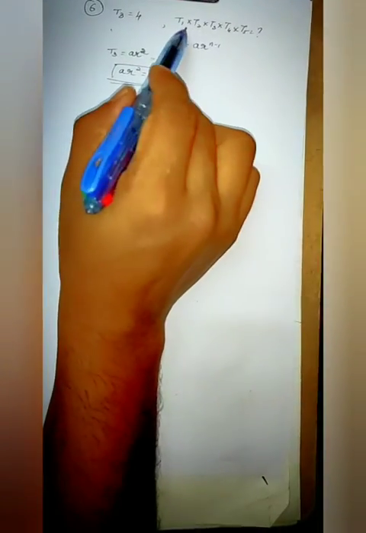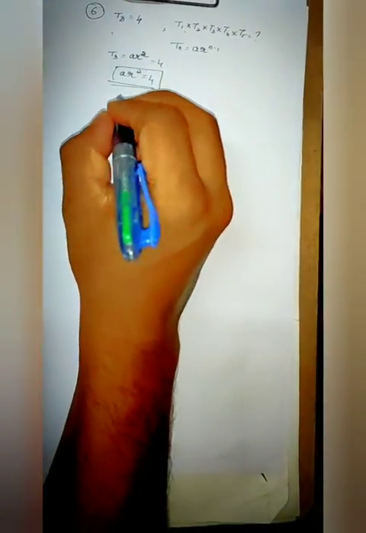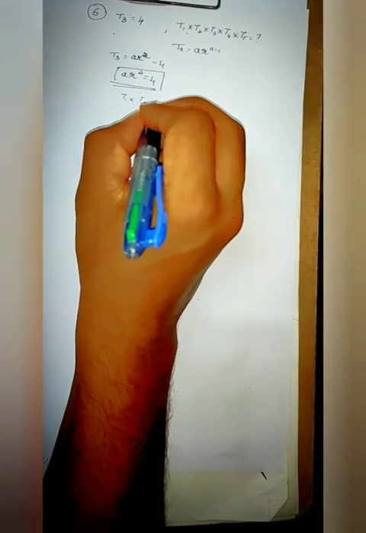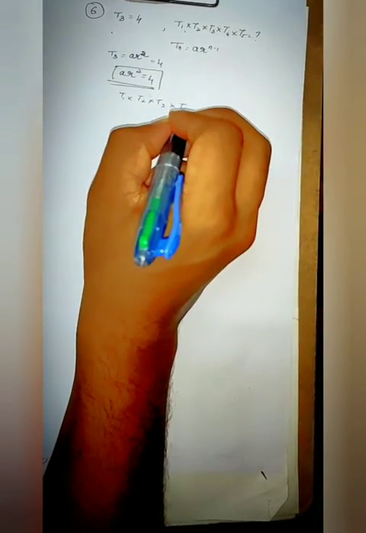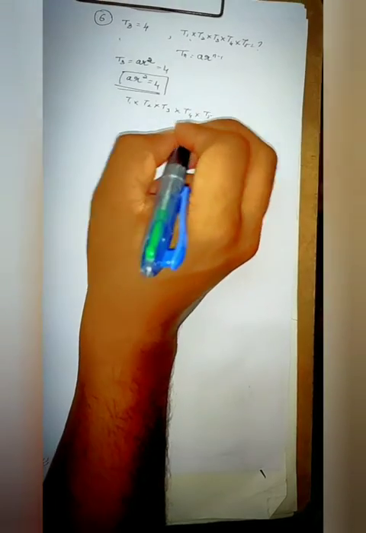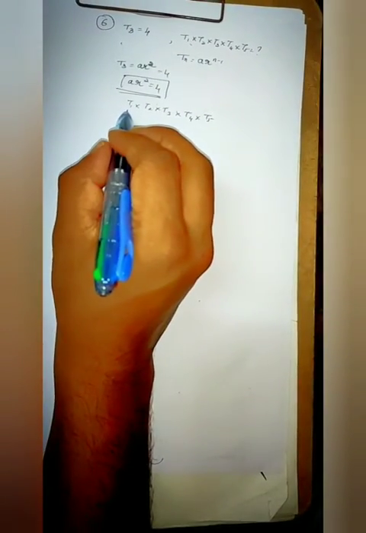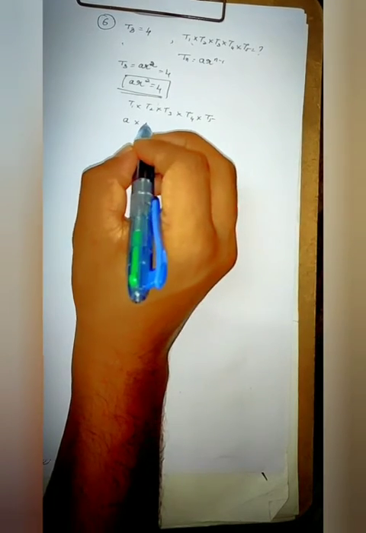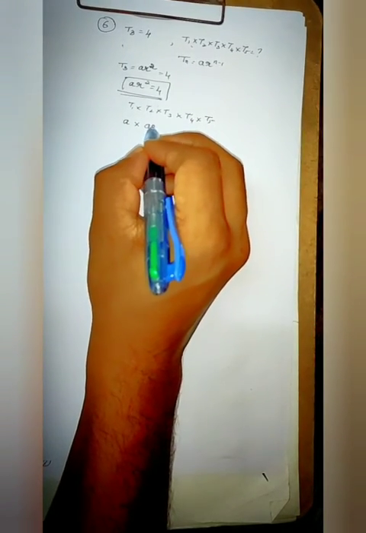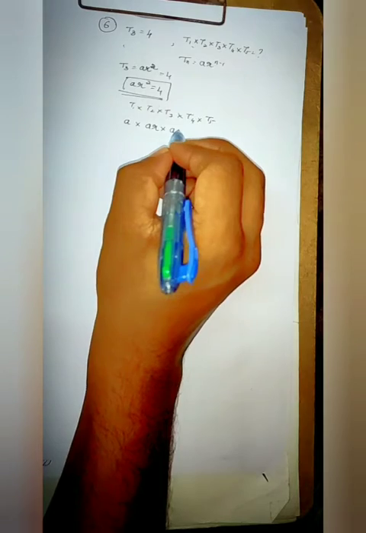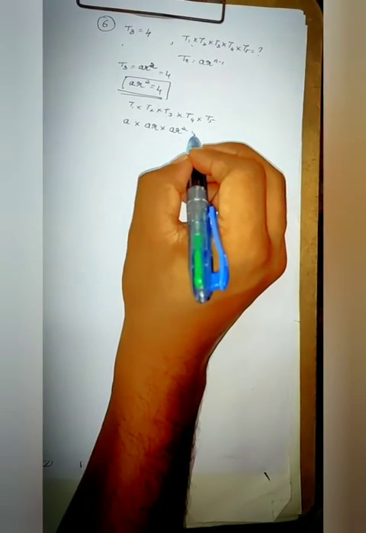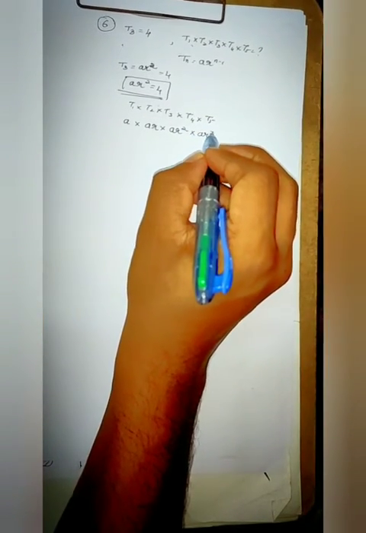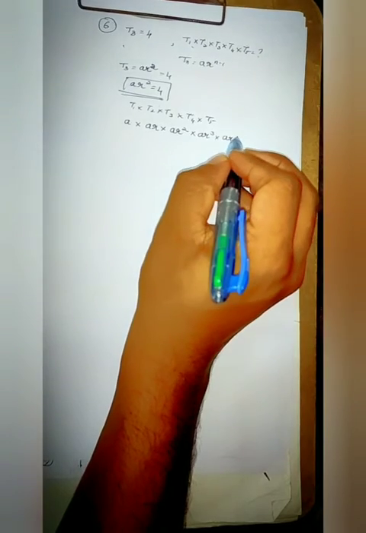Then I will take this equation, that is T1 into T2 into T3 into T4 into T5. T1 can be simply written as A, then T2 can be written as A into R, T3 can be written as AR square, T4 can be written as AR cube, and then T5 as AR power 4.